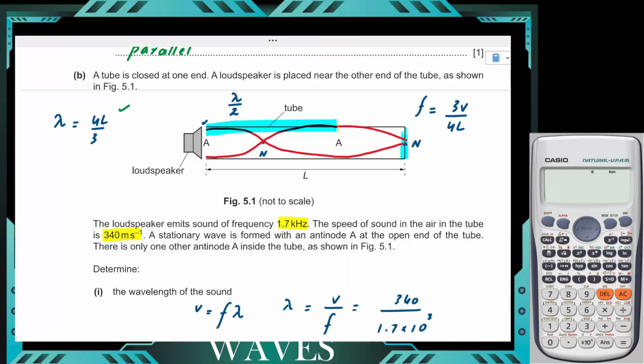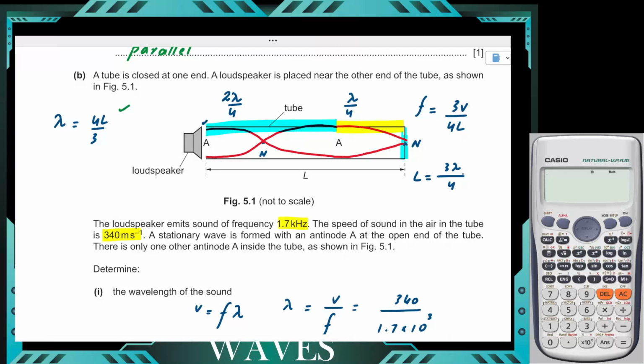And from an antinode to the next node, you get a quarter of the wavelength. If you make the denominator the same, multiplying this one by 2, then add the two fractions, you get 3 lambda by 4. So in the total length of the tube you have 3 over 4 wavelengths.